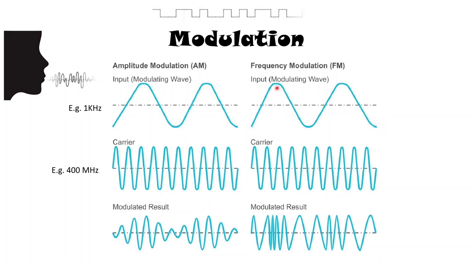Well, if we consider the minimum and the maximum values of the amplitude to be a minimum and a maximum frequency number, so for example, if the frequency is 400 MHz, the base carrier frequency, and then we call the minimum amplitude to be, let's say, 399 and the maximum to be 401, if we move between these frequencies at a proportional rate to the original amplitude, then we have just achieved frequency modulation.